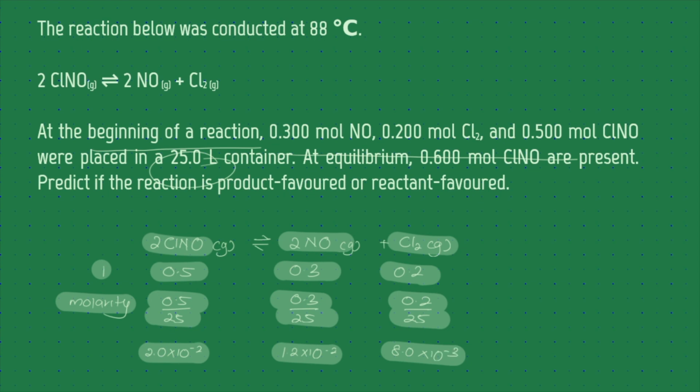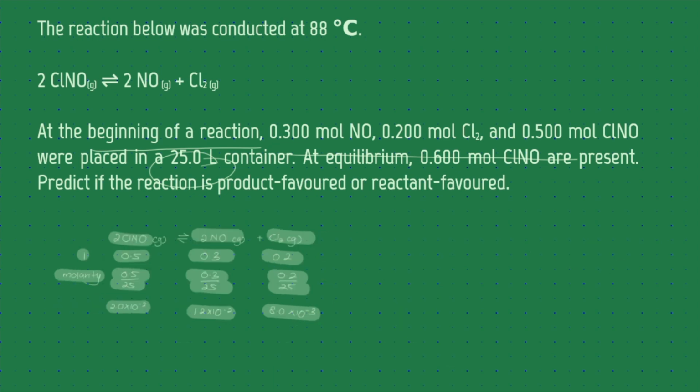So from these values, what you are going to do is calculate your QC. Your QC is actually whatever is in the product. So you will have the concentration of chlorine times the concentration of nitrogen monoxide to the power of 2 divided by the concentration of ClNO to the power of 2 as well.